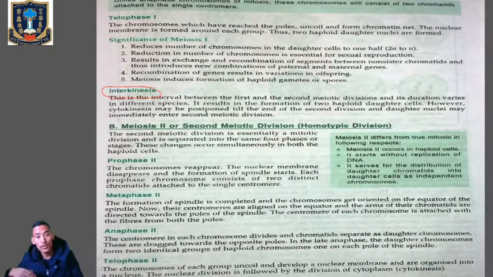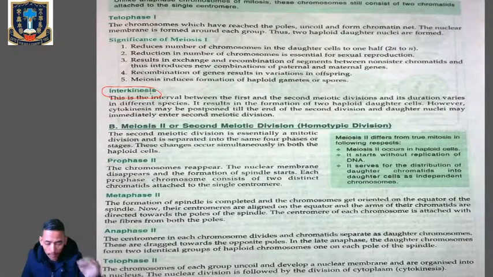Meiosis 2 is also divided into prophase 2, metaphase 2, anaphase 2, and telophase 2. It will have the same events that occurred in meiosis 1, that is prophase 1, metaphase 1, anaphase 1, and telophase 1. So we have the same type of events here also. Let's see meiosis 2 of meiotic cell division. Meiosis 2 is essentially a mitotic division.